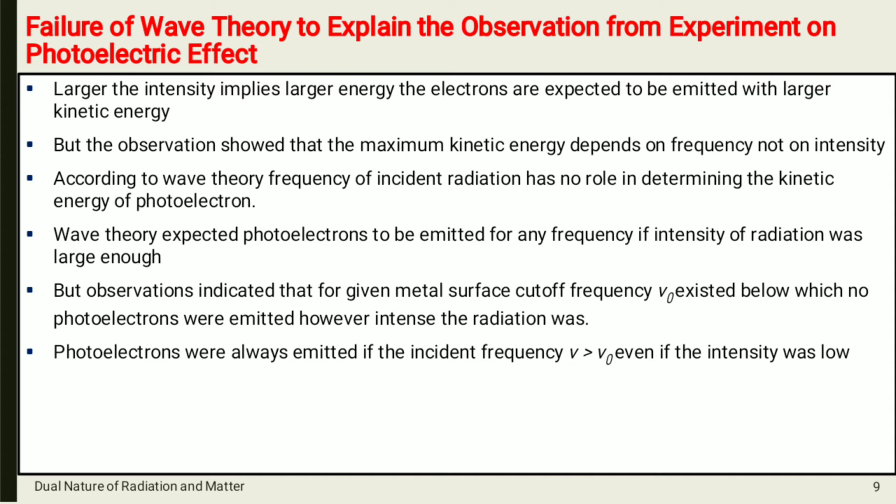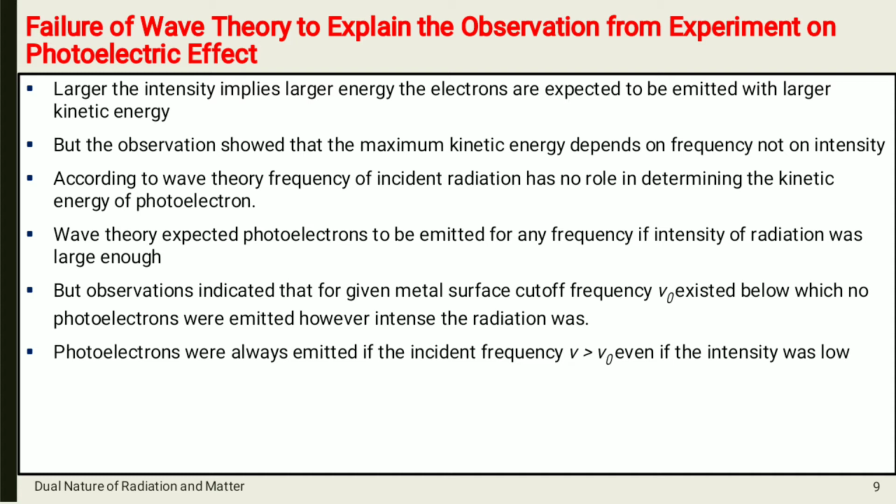But observation indicates that for a given metal surface, a cutoff frequency nu0 existed below which no photoelectrons were emitted, however intense the radiation was. That is what I am saying.